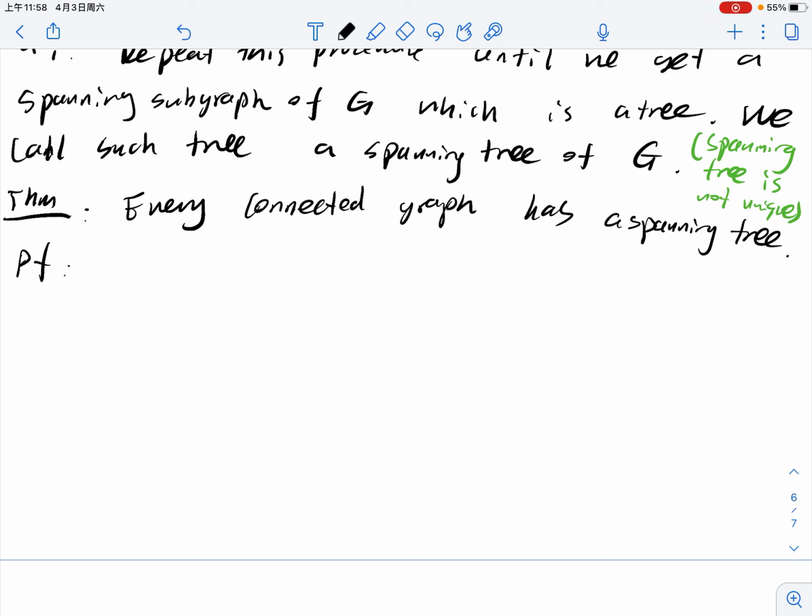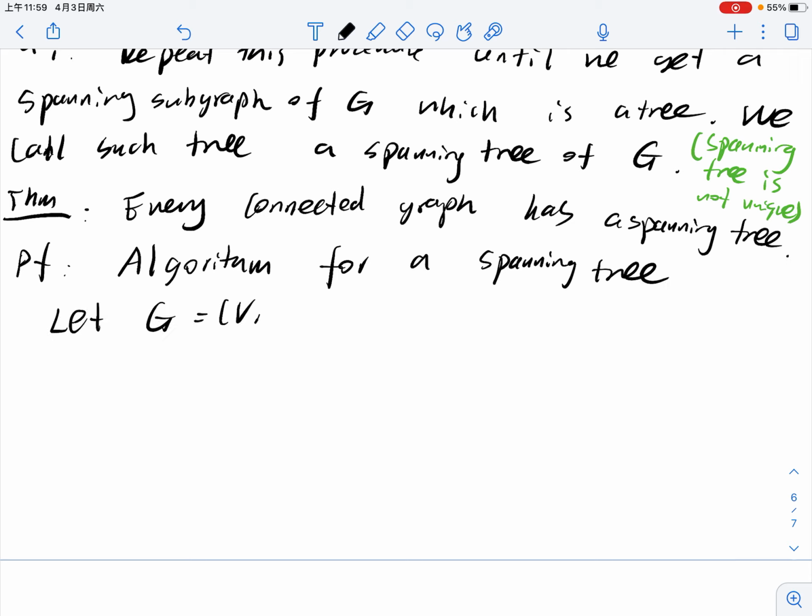Proof. The proof follows from the following algorithm for a spanning tree. Let G be a connected graph of order n.